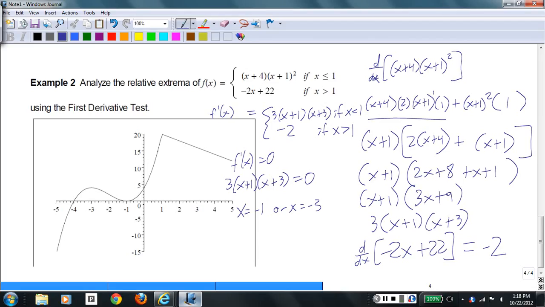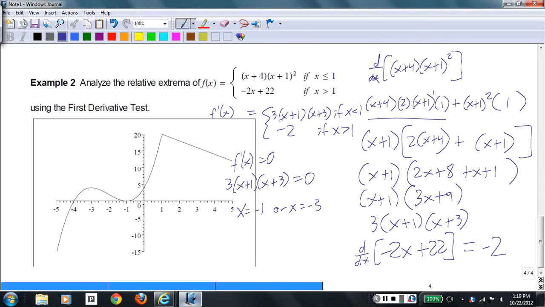So we have 3. Wait. No, it's okay. There's one more thing I should have said: they both qualify as critical numbers, and they're both less than 1. Because if one had happened at 2 or 3 or 4, it wouldn't have counted, since we're only using this expression for x less than 1.